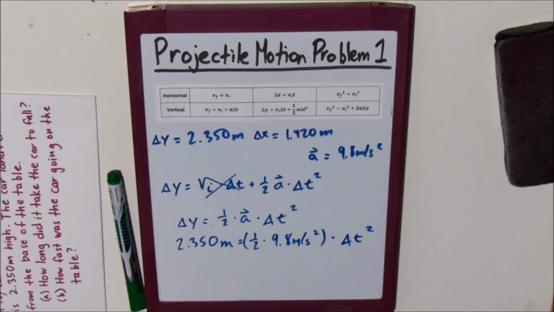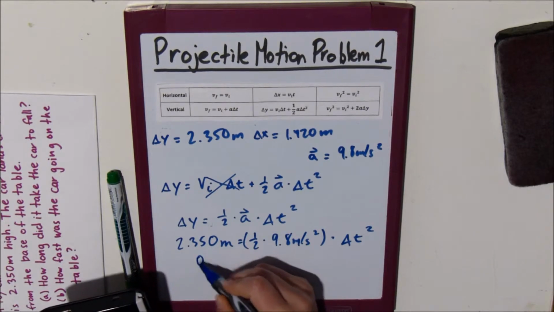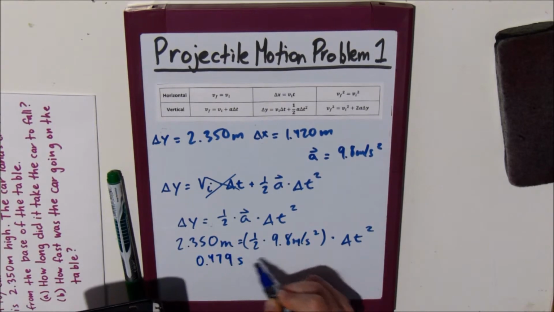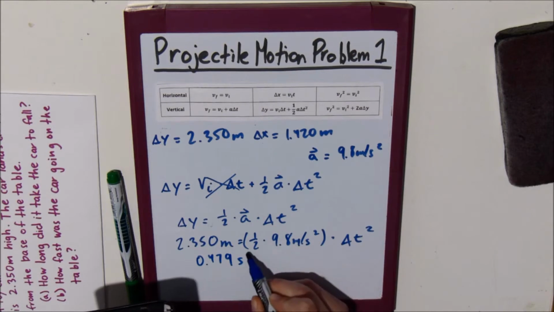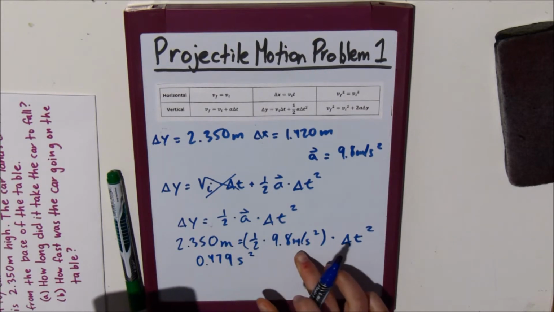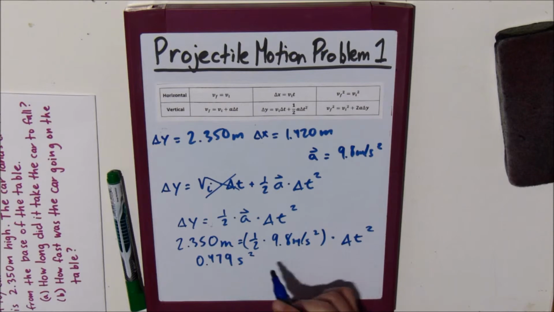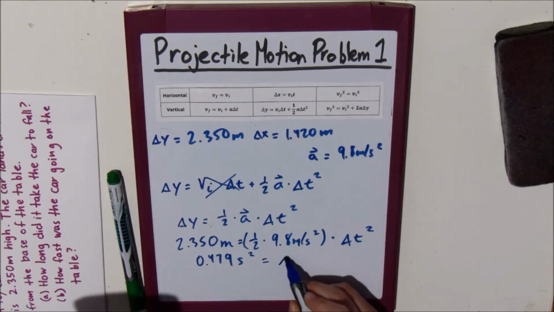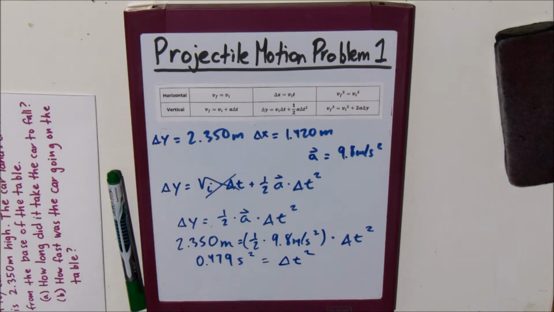Now if I can find my calculator, there it is. Let's see, 2.350 divided by 1/2 times 9.8 is approximately 0.479 seconds squared, because the meters cancel and we're left with delta t squared. Now we have to square root that, and that would be delta t equals 0.693 seconds, right?